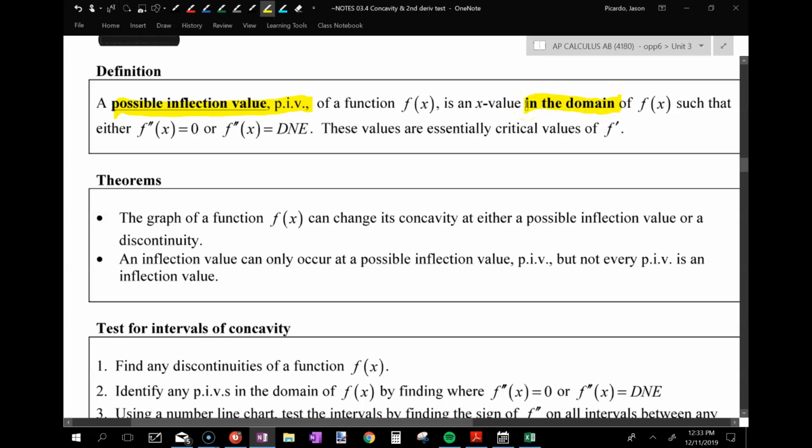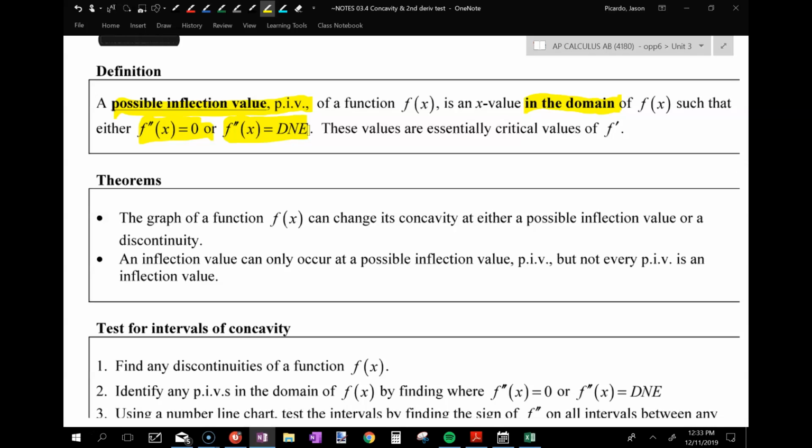And where do you think they occur? Where the second derivative equals 0, or where the second derivative does not exist. They are essentially critical values, aren't they? So potential inflection points are critical values, except they're of the second derivative, not the first.